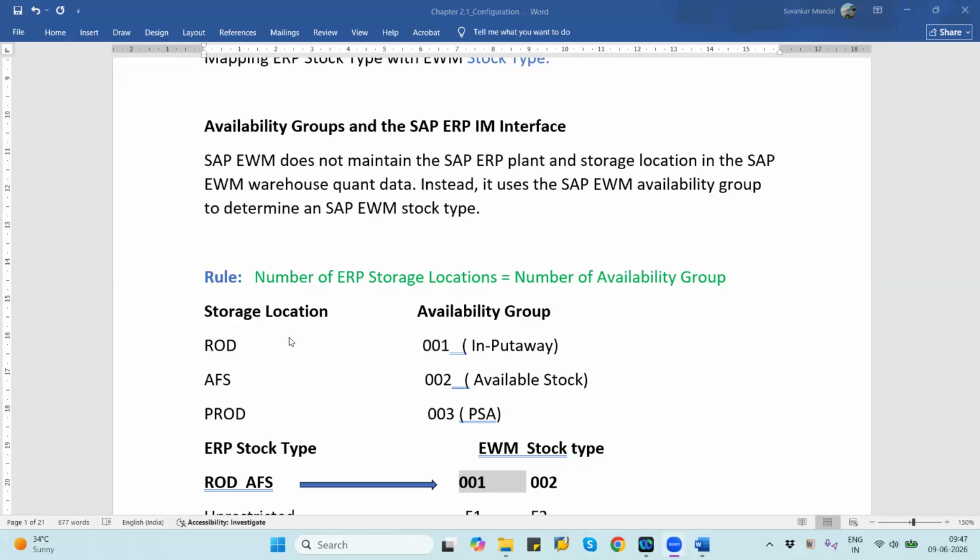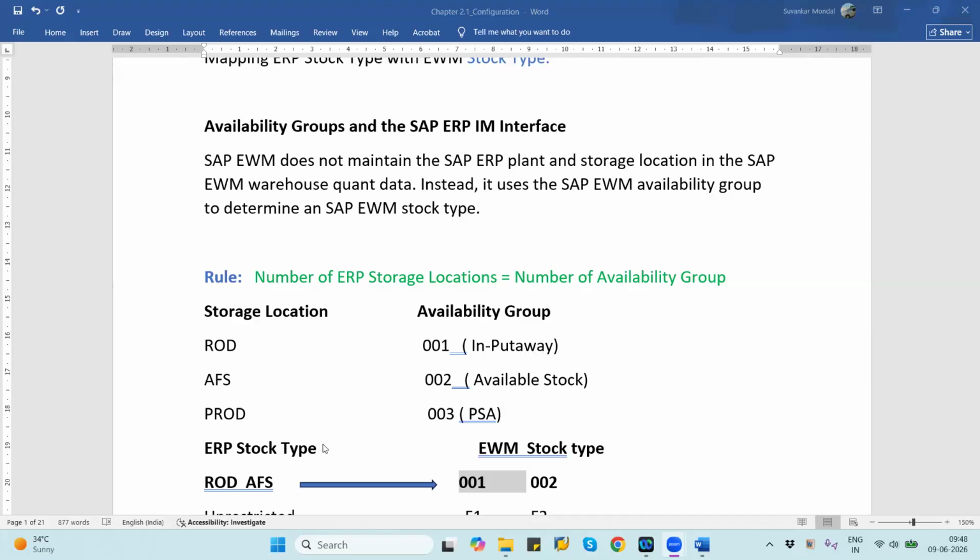Remember this 411, which moves the stock automatically from ROD to AFS. So creation of multiple storage locations for ROD or for AFS is not required. A single storage location will fulfill all the business processes.